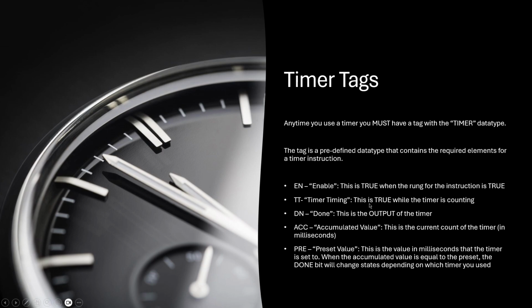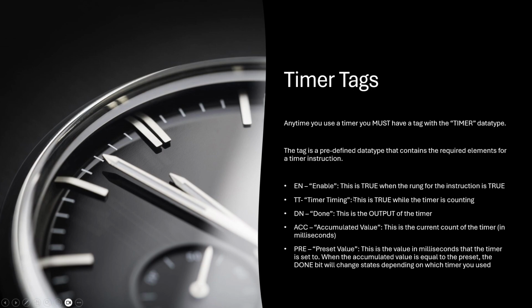So usually if your timer is currently counting, let's say the value you set it to is 5 seconds, and the current amount of elapsed time is going up to that 5-second set point, then during that time, while it's enabled, the TT bit or timer timing bit will be true.